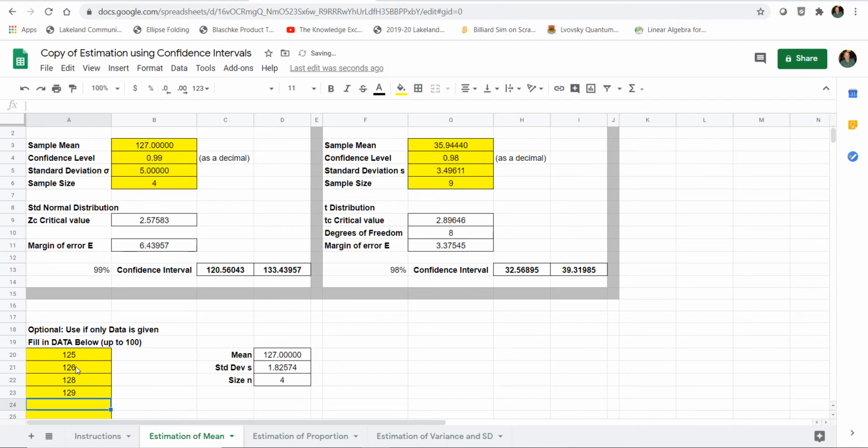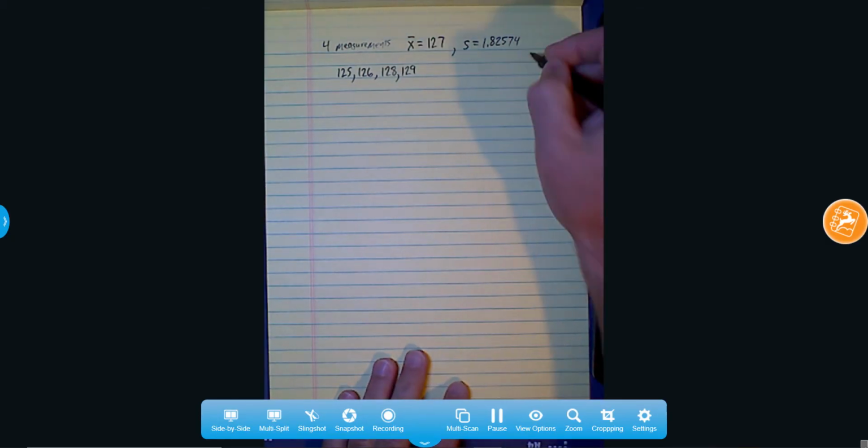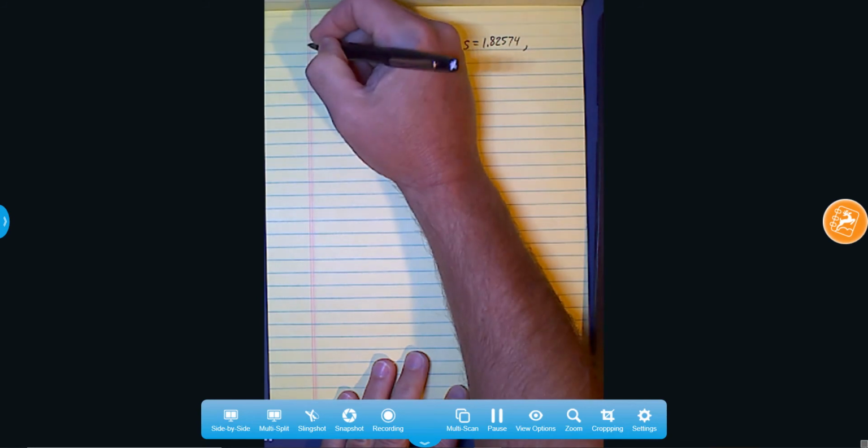All it's doing over here is giving me on the right the mean, 127, like I said, the standard deviation, and it even gives you the sample size because that becomes important also. Remember, n is important. And so sure enough, my standard deviation is 1.8. Well, I'll write the whole thing out. 2574. Okay. And they tell me that n is 4, by the way. So this is n equals 4.